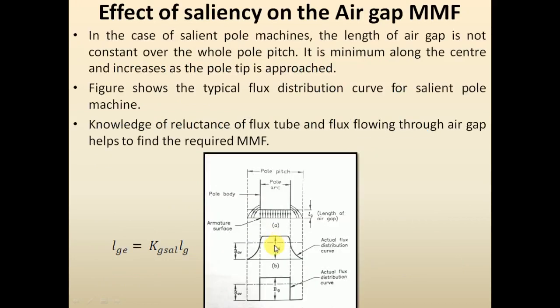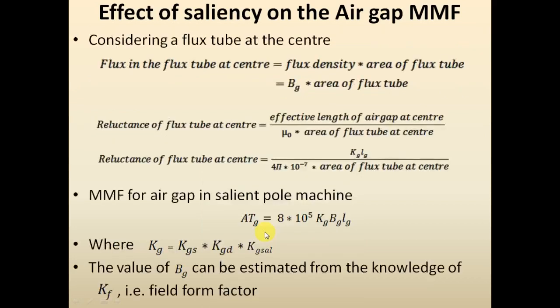That is the flux density at the center portion of the pole. B average is the average value of magnetic flux density, which is shown by a dotted line here. From this it's very clear that this much is B average and this is Bg, and the magnitude of Bg is greater than that of B average. So please don't get confused.